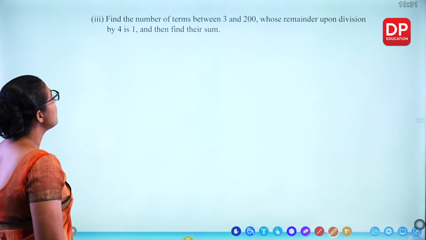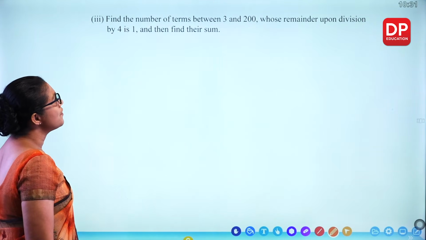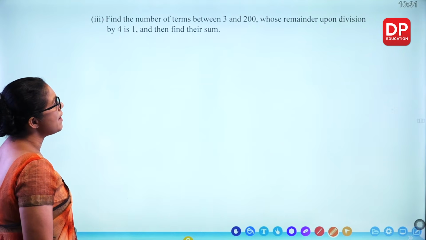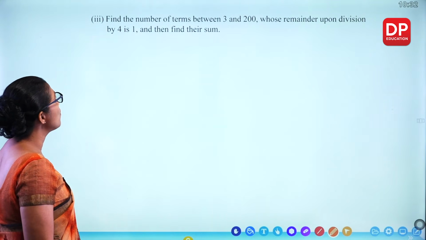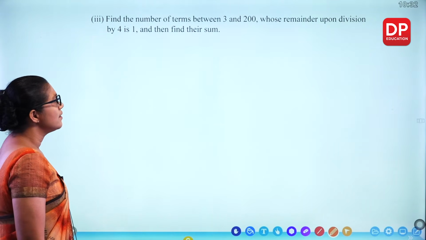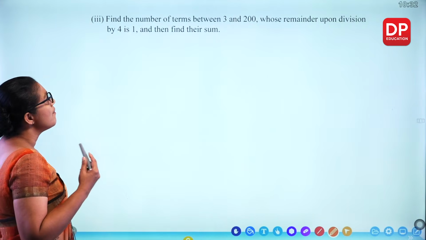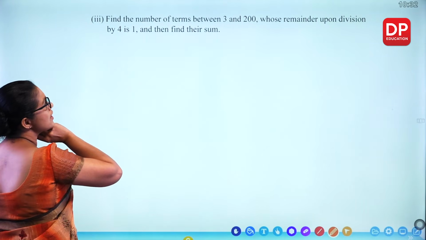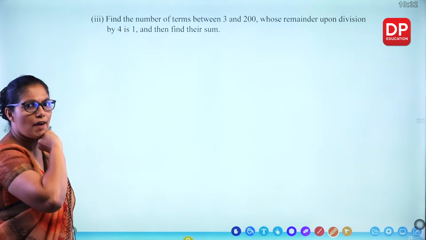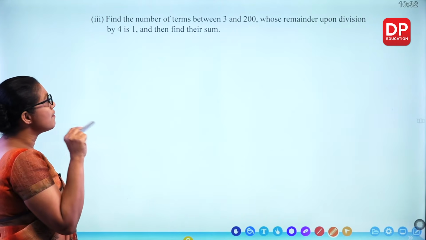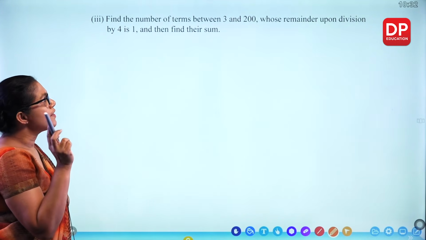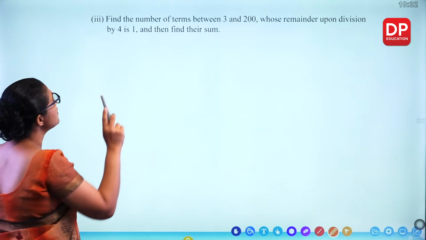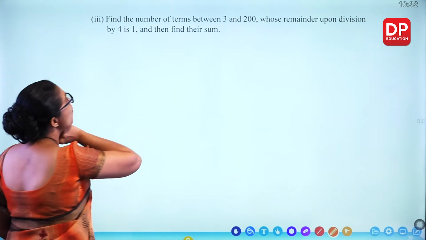Third part: find the number of terms between 3 and 200 whose remainder upon division by 4 is 1. So that means the first number is 5. If it's divisible, the number is 4, and the remainder is always 1.